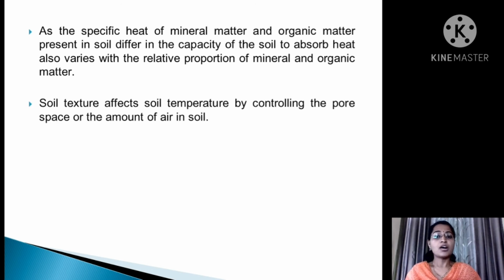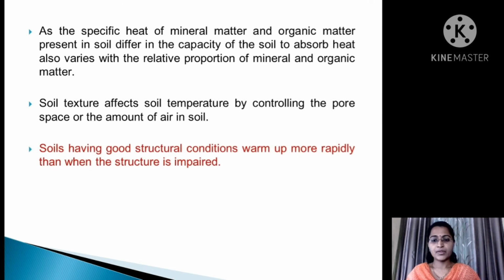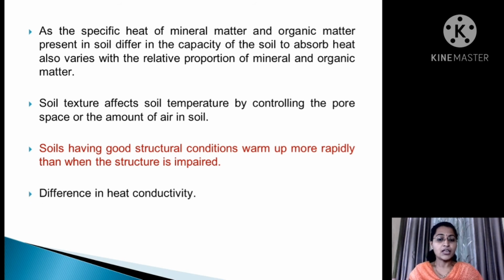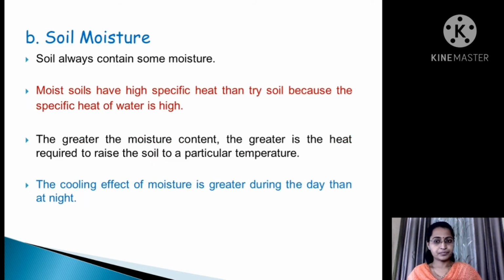Soil texture affects soil temperature by controlling the pore space or the amount of air in the soil. Soils having good structural conditions warm up more rapidly than when the structure is impaired. Difference in heat conductivity.